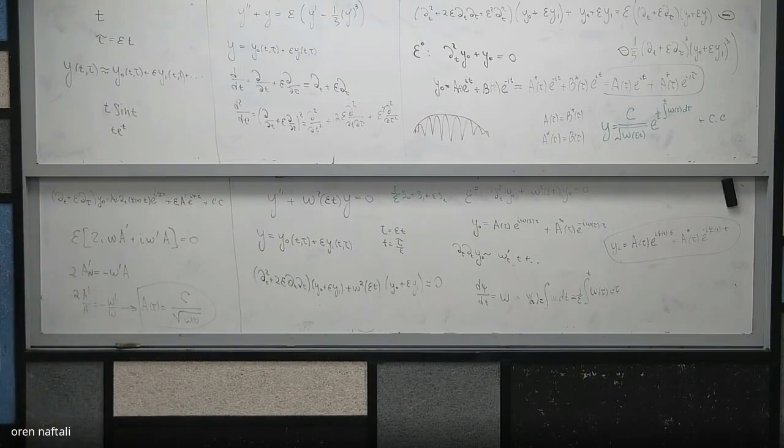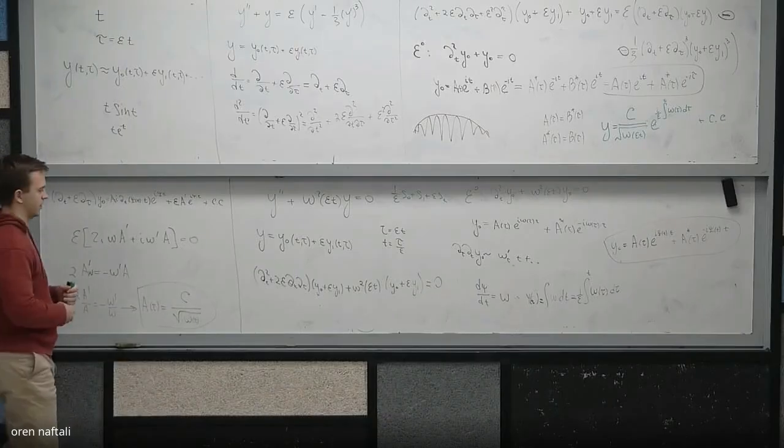So, the last problem is a boundary layer problem, but we will show that we can basically use multiple scale analysis to produce the same answer that boundary layer theory gives us.